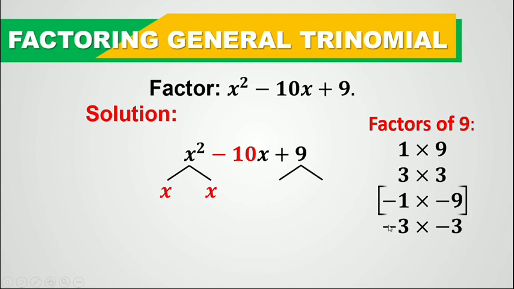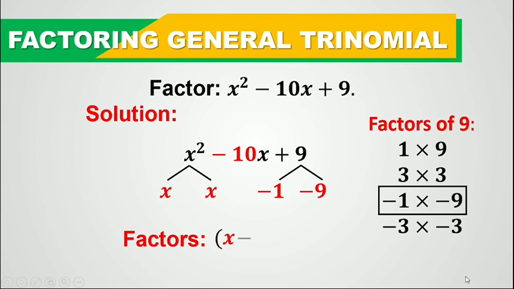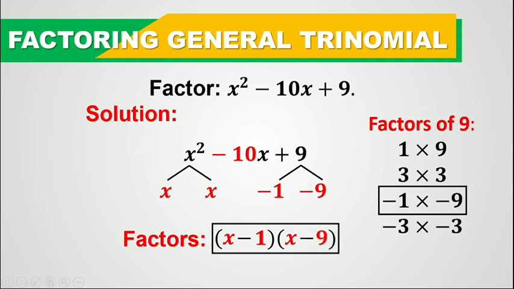It's negative 1 and negative 9. So therefore, the factors of this particular example are x minus 1, minus because this is negative 1, times x minus 9. And this is the answer for this example.